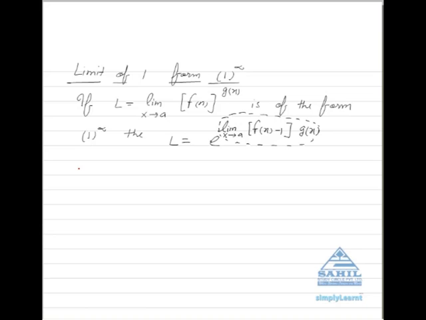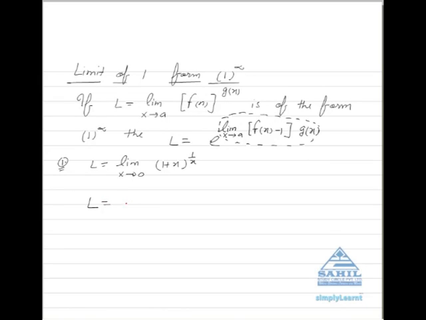Now see that properly. First one: L equals limit x tending towards 0 of (1 + x) whole raised to power 1/x. If I apply the limit, then it is 1 raised to power infinity, which is an indeterminate form. It means we are not finding the answer right now. Then we have to apply the format.